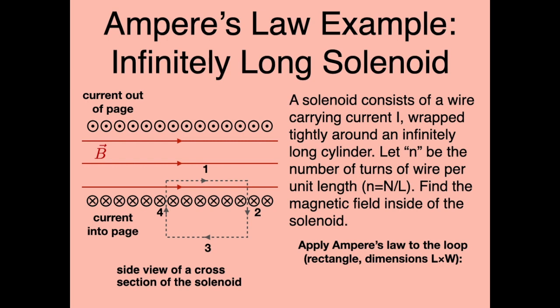The side labeled 2, that's taking us out of the solenoid, and the direction is perpendicular to the B field. The side labeled 3, now we're completely outside of the solenoid, so just follow that path going to the left. And then finally, what's labeled as 4, that takes us back into the solenoid to where we started. Now we have a complete loop. It's a closed loop. So now let's work out, using Ampere's law, what this gives us for the magnetic field.